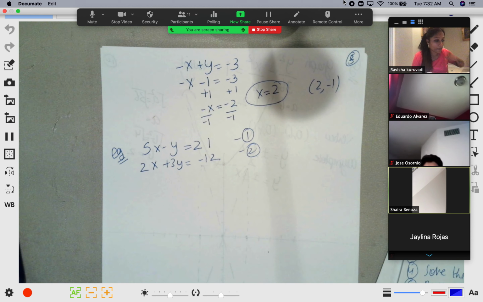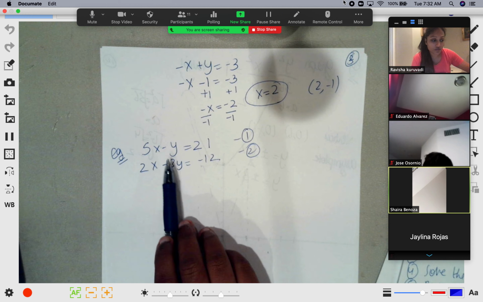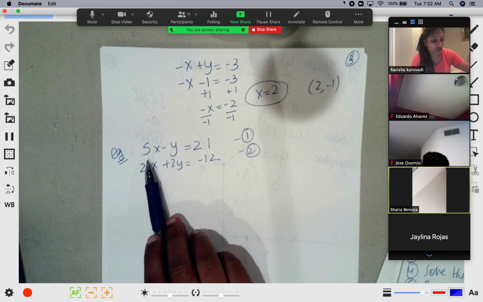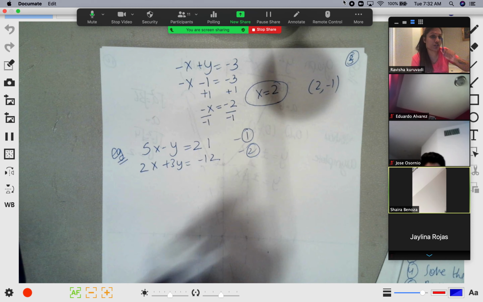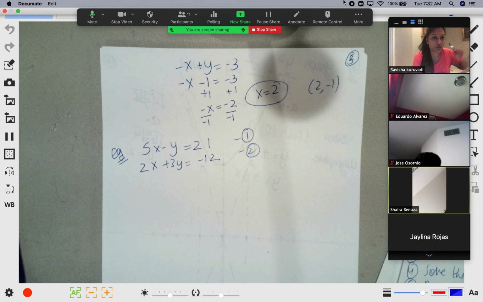Do I have to change that into a positive? Nothing. You just have to make sure x is first, y is second, and is equal to a constant. Then yes, they're good.